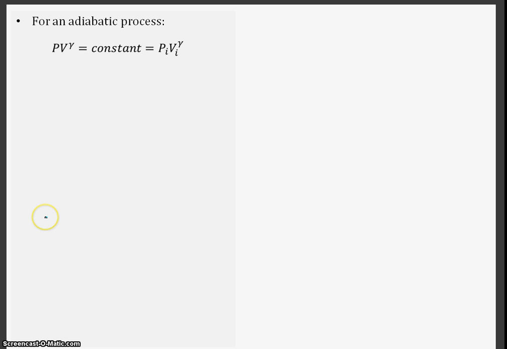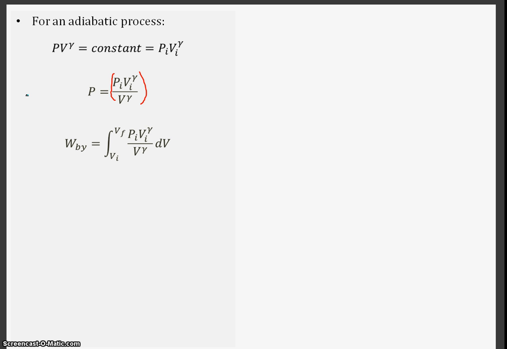And instead of just saying P is inversely proportional to 1 over V to the gamma, you can say P is equal to P initial, V initial to the gamma over any later V to the gamma. And you can take this term and plug it in for P in that page, and you get this.